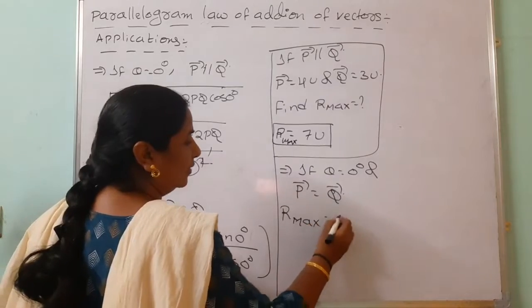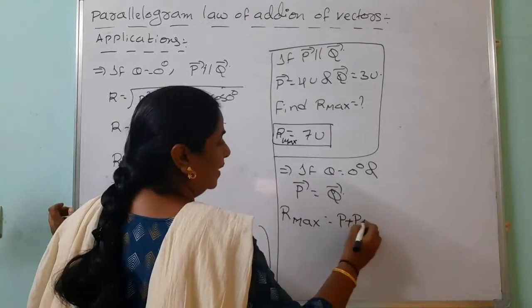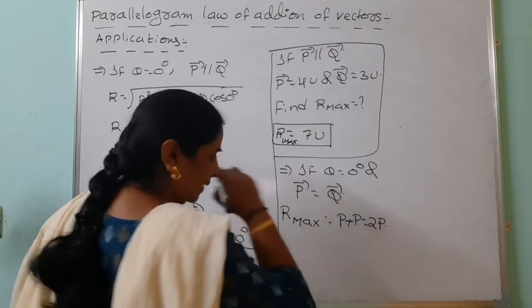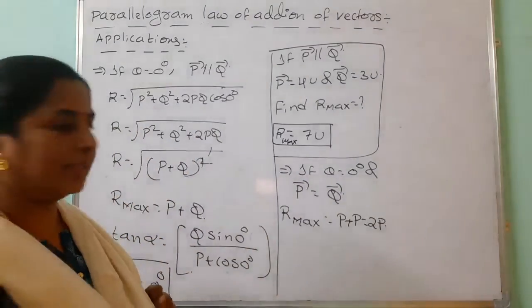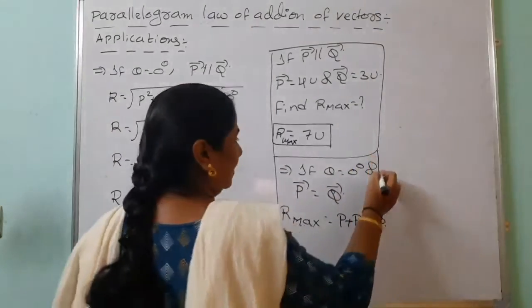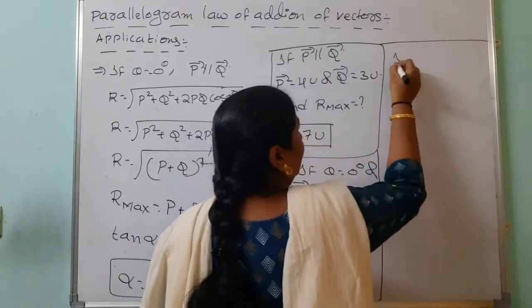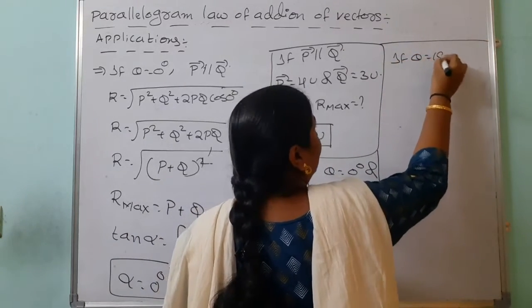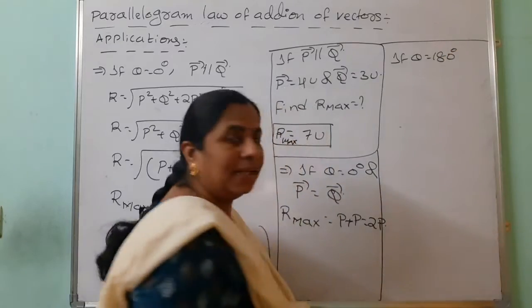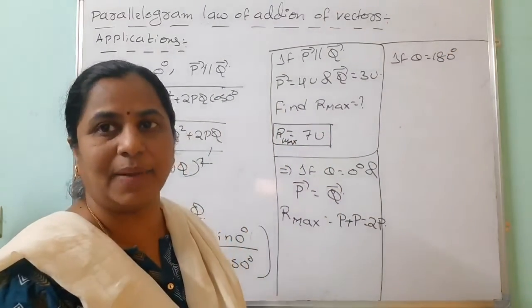Immediately you can go with P plus P, which is 2P. Then another application. See, if theta equals 180 degrees, P is anti-parallel to Q.